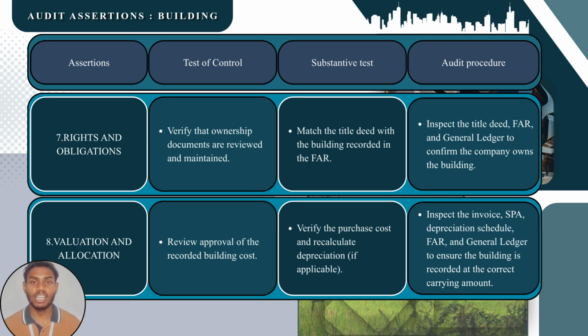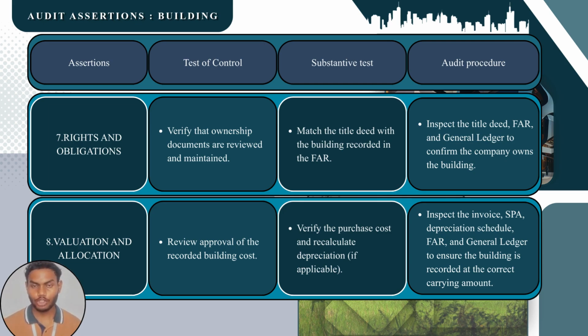And next, the last one is valuation and allocation. Valuation and allocation is one of the important audit assertions for testing the building, as it should be recorded at its proper value, without any misstatements.